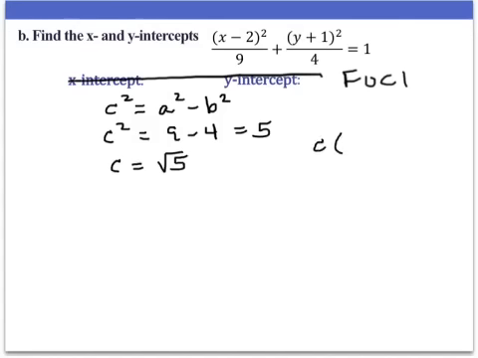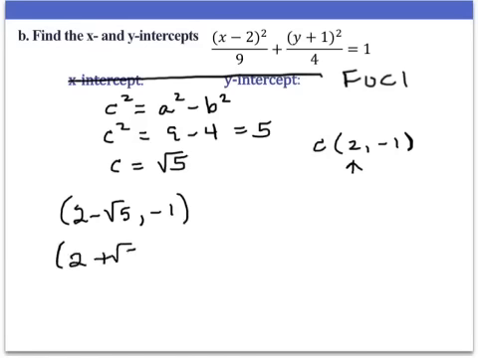Your center coordinate is 2, negative 1. So you're changing the 2. So your first focus is 2 minus square root of 5, negative 1. And then you have 2 plus square root of 5, negative 1.